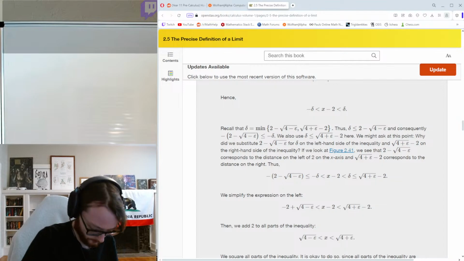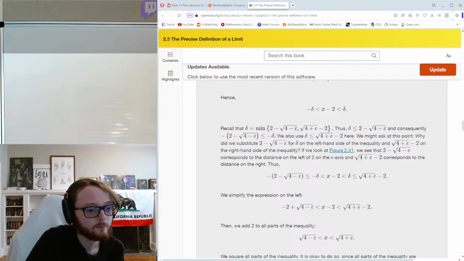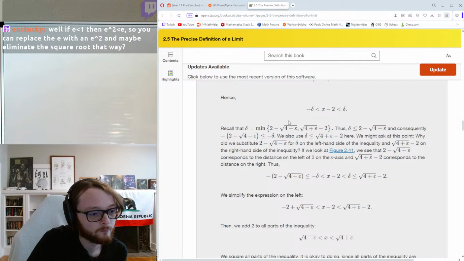I guess we could try examples. If epsilon is less than 1, then epsilon squared is less than epsilon. Replace the epsilon with epsilon squared, maybe eliminate the square root that way.